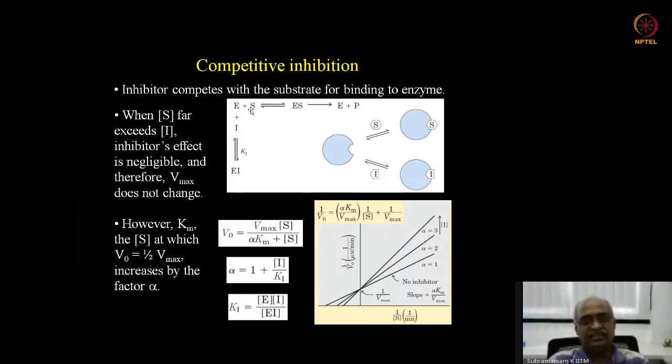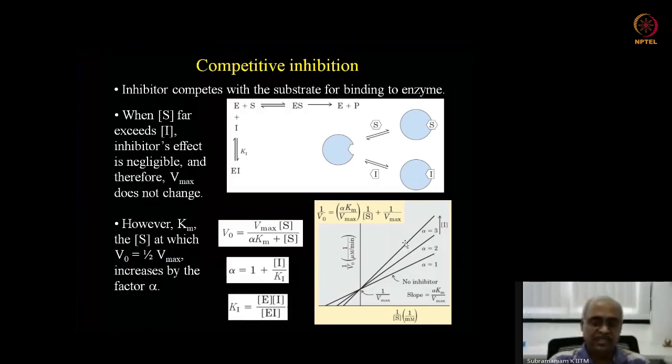So as a result, Km is going to increase, and because Km is going to increase, the slope is going to change, because slope is Km by Vmax. So as you increase the inhibitor, the slope is going to increase, indicating that the Km is increasing.